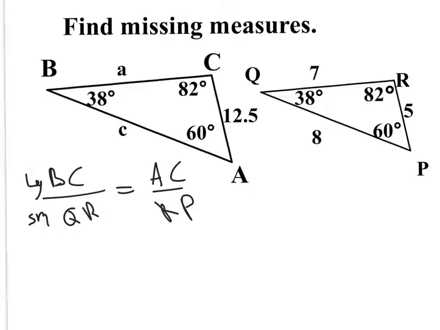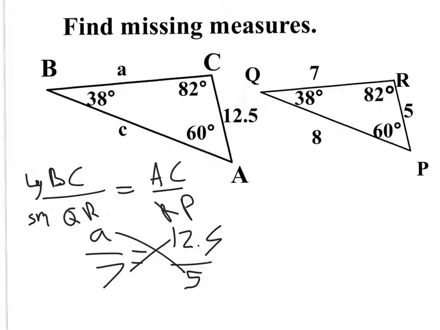And then you replace your letters with numbers, which AC would go to A. QR is 7. AC is 12.5. And RP is 5. Do we know how to cross multiply? Yes.